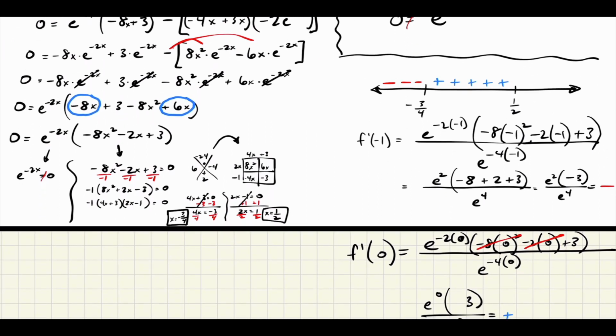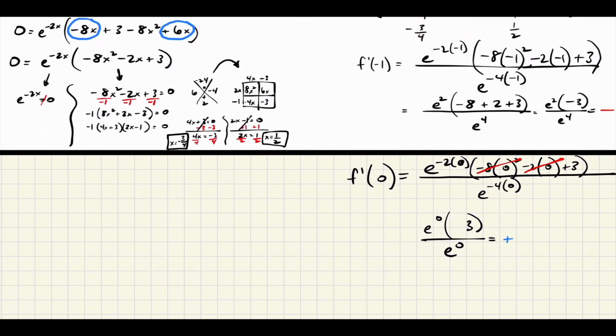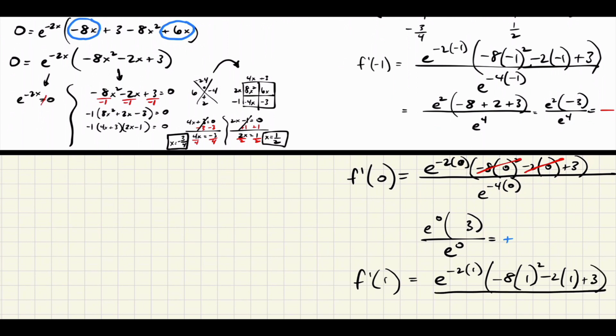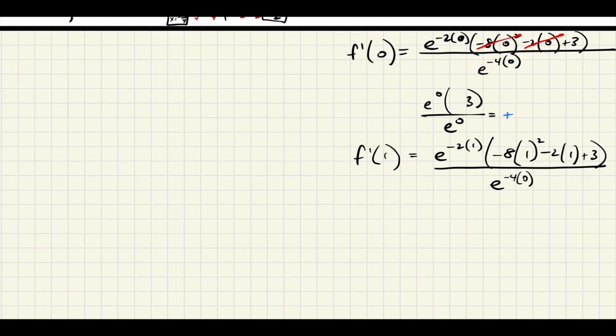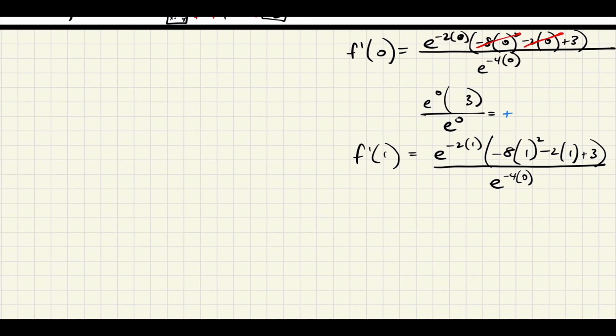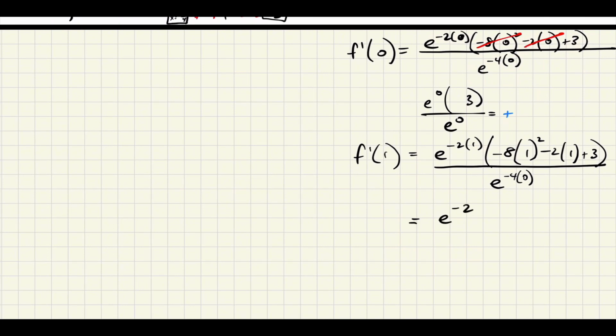Now I have to plug in a number bigger, so +1. e to the negative 2. That number is still positive. It's just a small number.